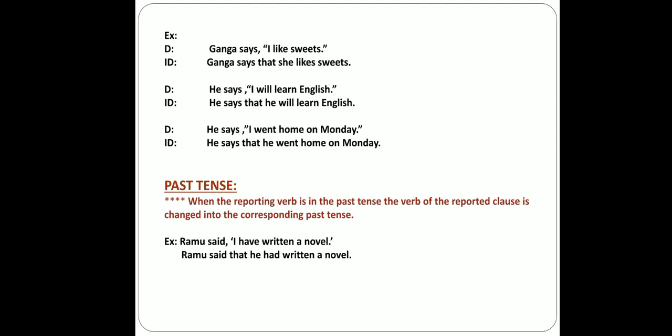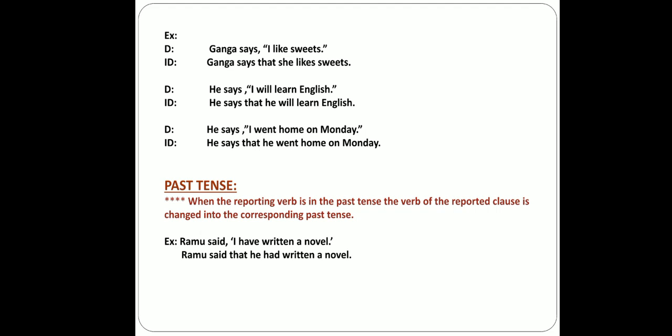Please pay attention to this sentence. Ramu said is in past tense, and the reported clause is in present tense: "I have written a novel." It is changed into its corresponding past tense.